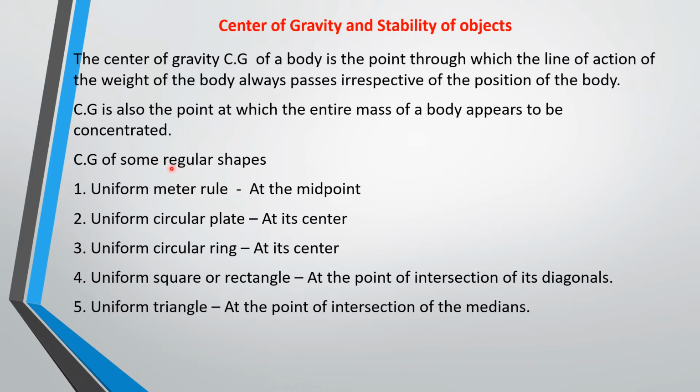So for some regular shapes that we know, you can actually get their center of gravity from this definition. Like for a uniform meter rule, once the meter rule is uniform, the center of gravity is at the midpoint.